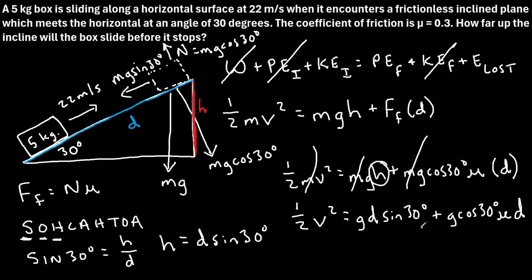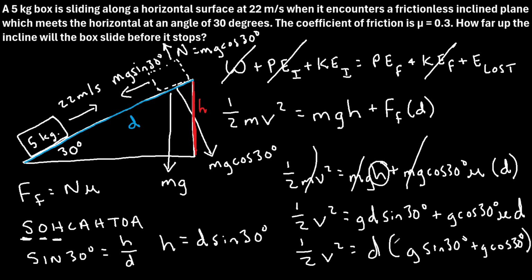So now to solve for d, notice we can factor out a d on this right-hand side. So we get 1/2 v squared is equal to d times g times the sine of 30 degrees plus g times the cosine of 30 degrees times mu. And lastly, to solve for d, we can divide both sides by this quantity right here. So I'm going to go ahead and rewrite that up here since we're running out of room.